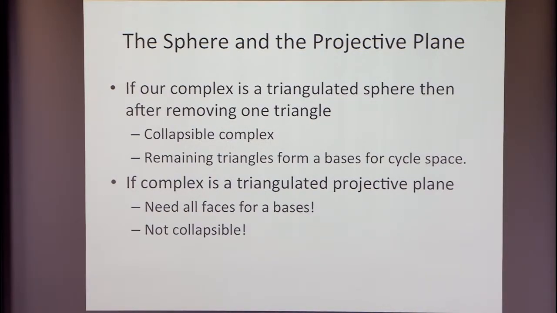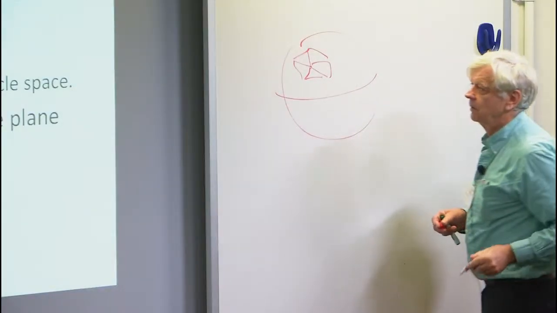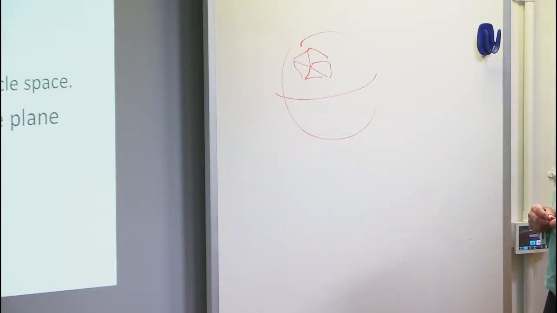So now the question is, just in case you hadn't thought about this, there's the obvious simple case to work out: what happens if you have a triangulated sphere. If you take your favorite sphere and it's been triangulated for you, so that there are these triangles, right? Good. So this is one of the complexes.